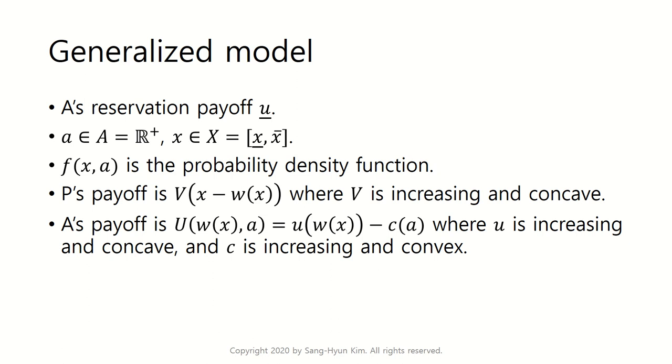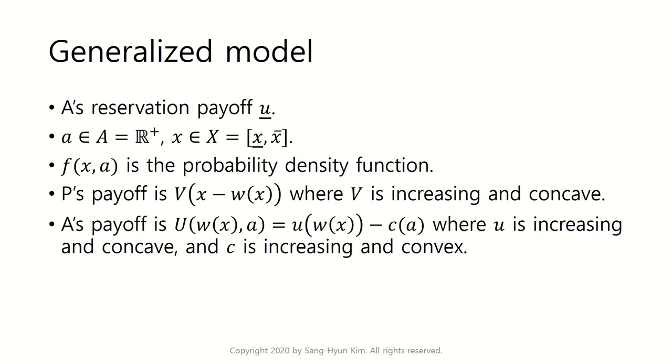In example 2, we considered a risk-averse agent and a risk-neutral principal. By assuming a risk-averse agent, we could see the tension between insurance and incentive. We could see the inefficiency, which is caused by the asymmetric information problem, the imperfection of the contract.